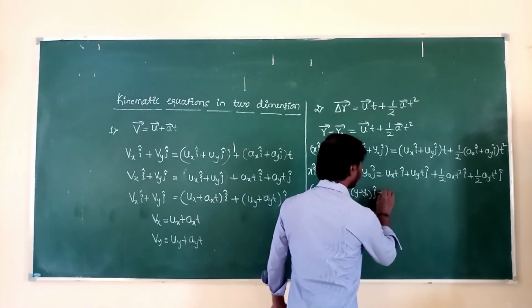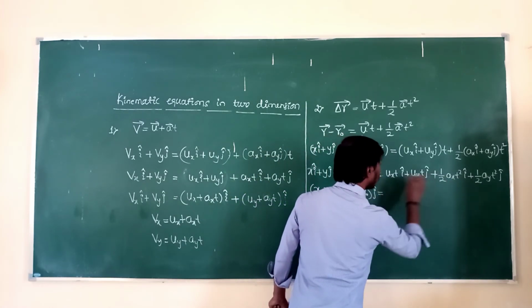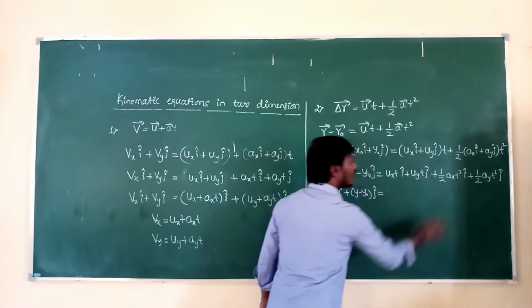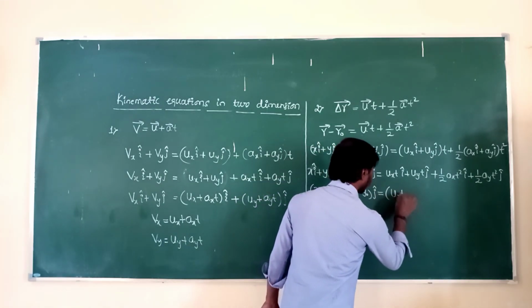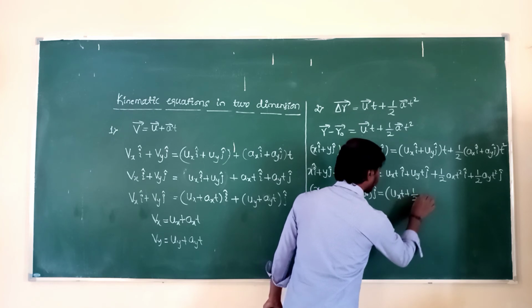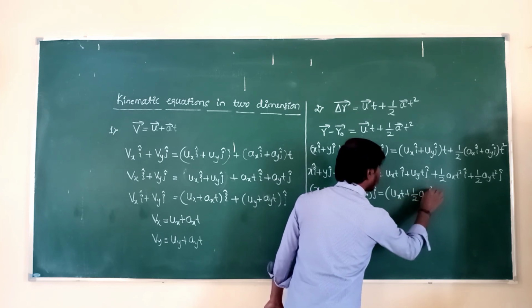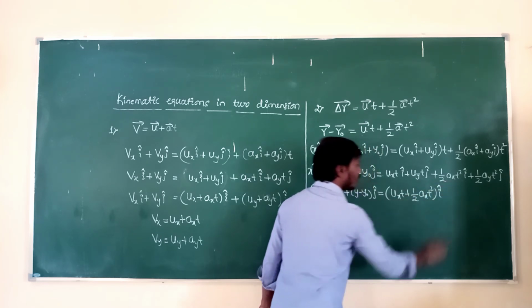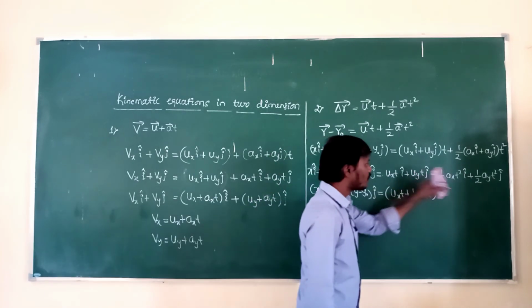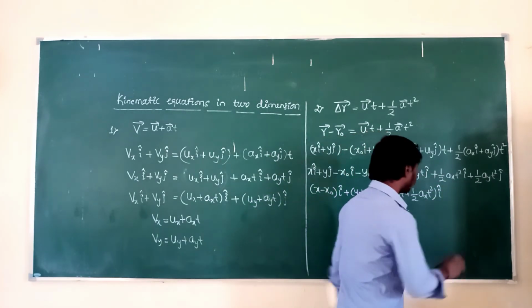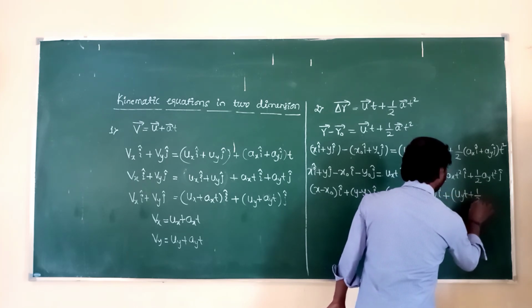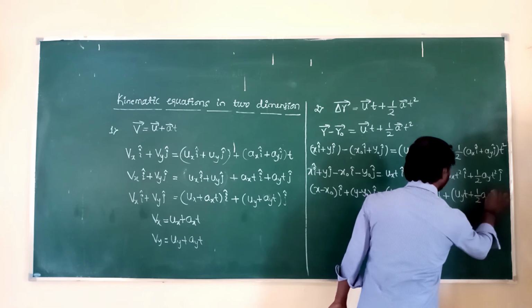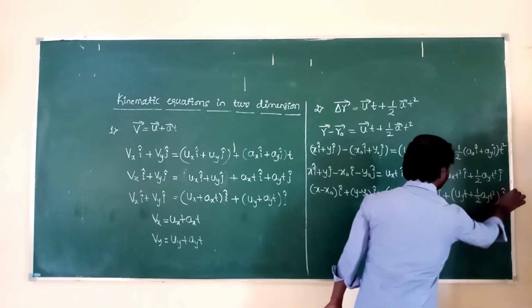Then that is equal to, in these two, i is common. See here, ux t plus 1 by 2 ax t square into unit vector i. Then in these two j is common, plus uy into t plus 1 by 2 ay t square into unit vector j.